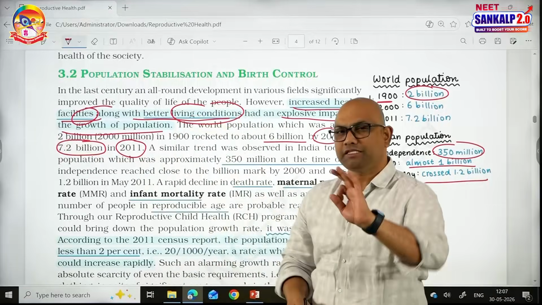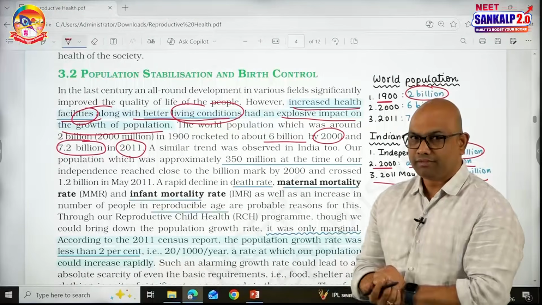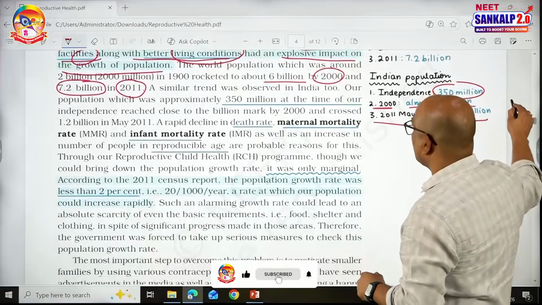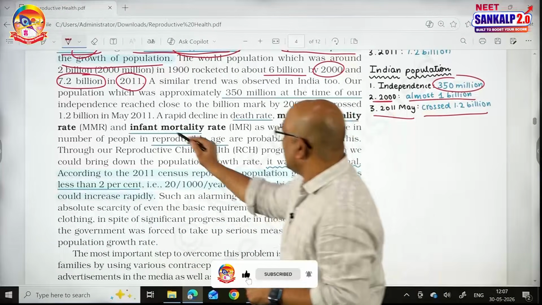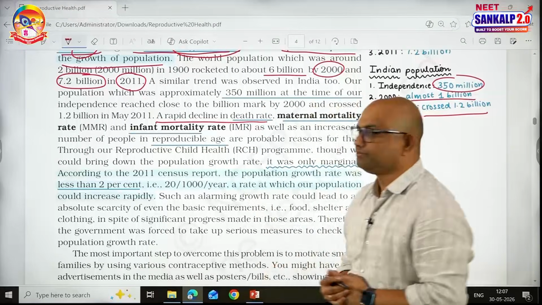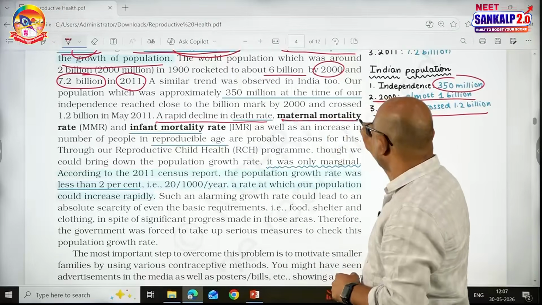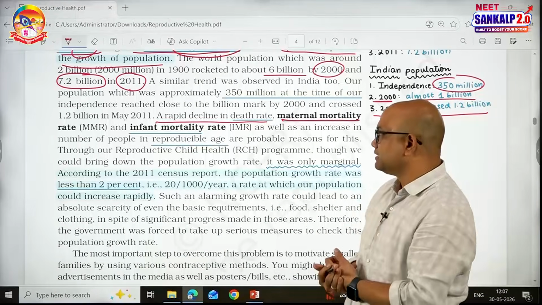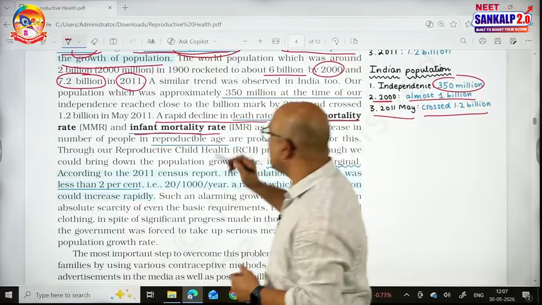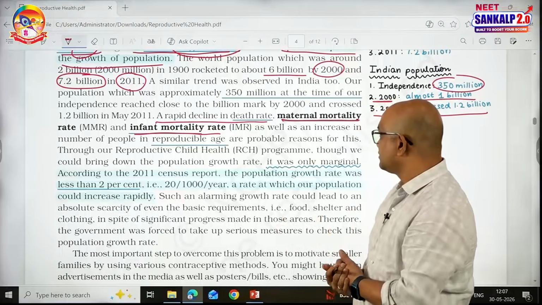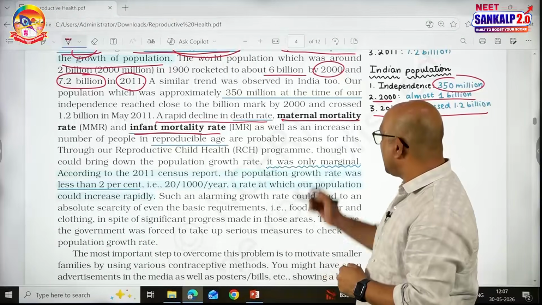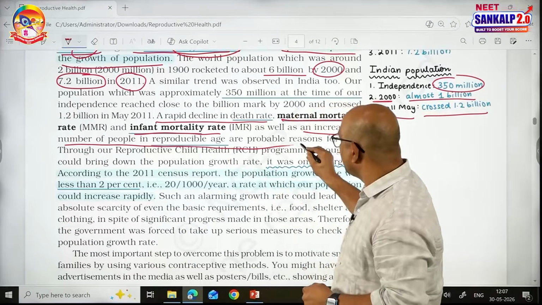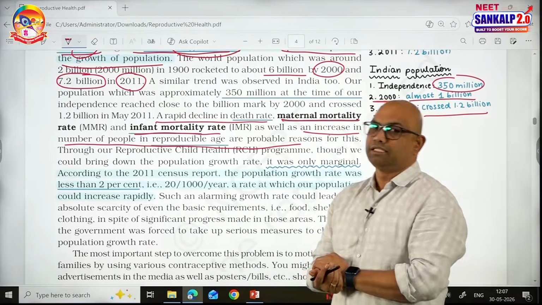Along with that, the other reasons for population growth include a rapid decline in death rate, a decline in MMR, maternal mortality rate, death of pregnant females, a decline in infant mortality rate, death of newborns, as well as an increase in the number of people in the reproducible age group.